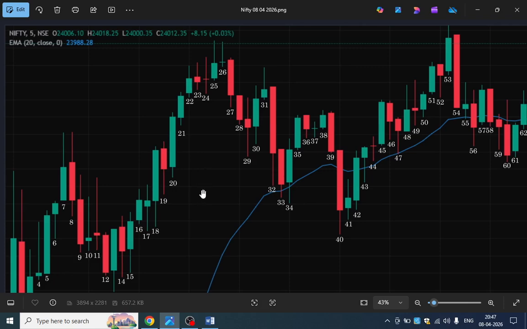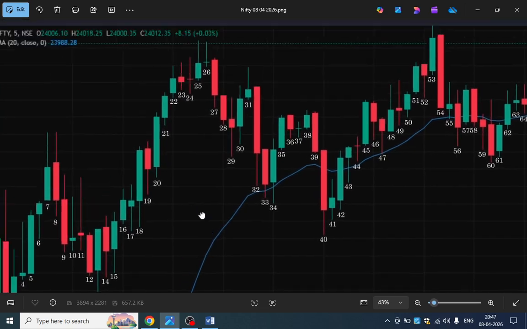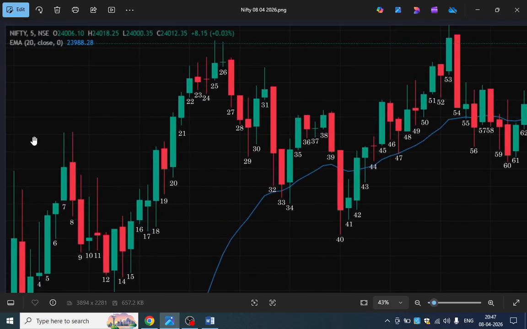Now let's try to understand what has happened over here. You can see that bar 20 has done a breakout above bar 8.